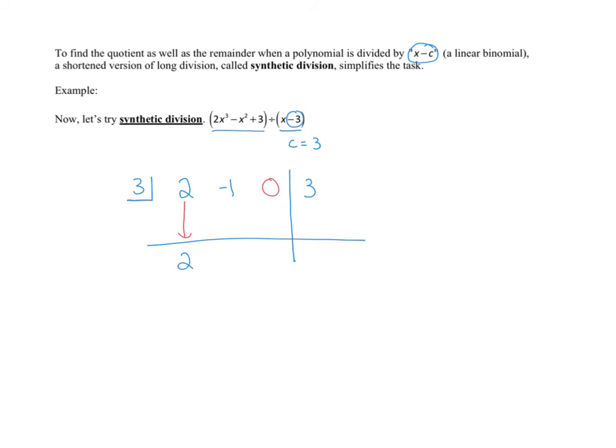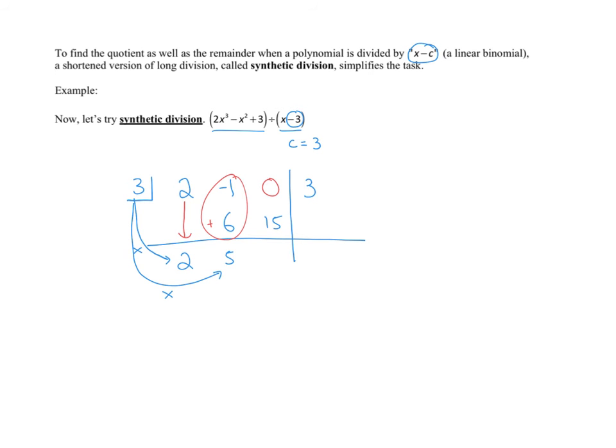Then you're going to take the 3, the number in the box, and multiply it by the number below the line. 3 times 2 is 6. Then we add these two numbers. Negative 1 plus 6 is 5. And then we multiply the 3 by the 5.